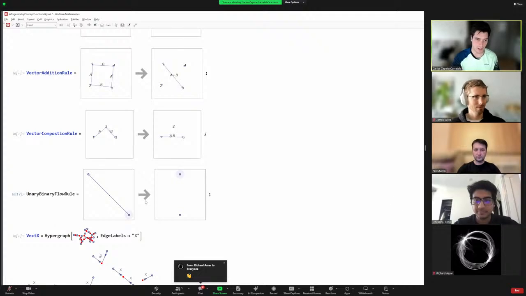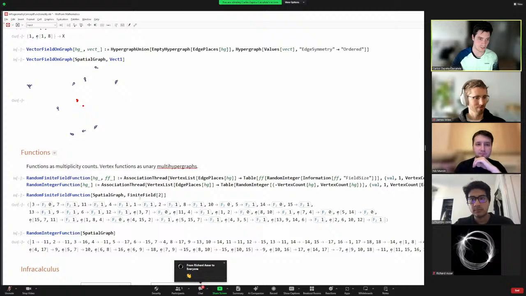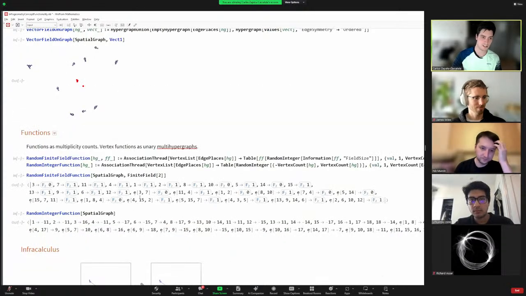So I was just doing a brief recap from last week, and you remember Nick's suggestion to have functions as basically multiplicity counts. I was saying that I was interested, positive on this idea last week, and this week I'm totally sold on it.